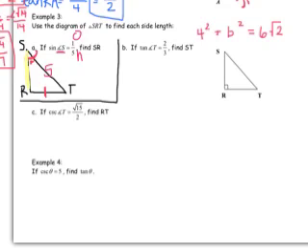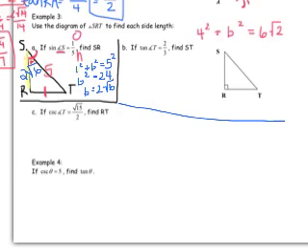So 1 squared plus b squared equals 5 squared. So this is b squared equals 24. I skipped a few steps there. So 2 square roots of 6.